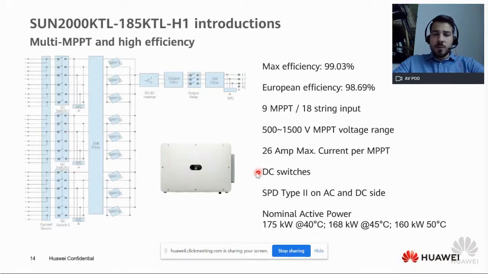We have type 2 SPDs on the AC and DC side, so surge protection devices. The nominal active power of this device is 175 kilowatt up to 40%, 168 kilowatt up to 45%, and 160 kilowatt up to 50%.